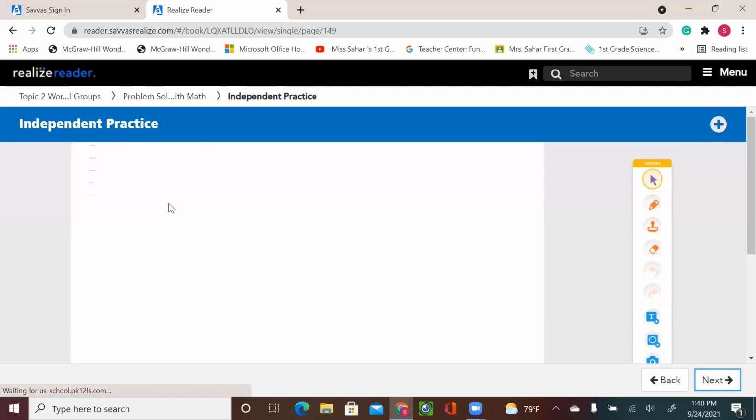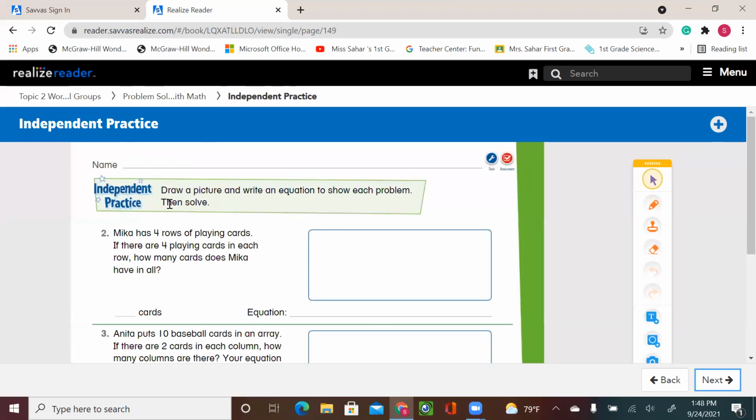I'll do one more example with you, and then you will do the rest on your own. All right, draw a picture and write an equation to show each problem, then solve it. Mika has 4 rows of playing cards. If there are 4 playing cards in each row, how many cards does Mika have? So she has 4 rows, okay, and each row has 4 cards.